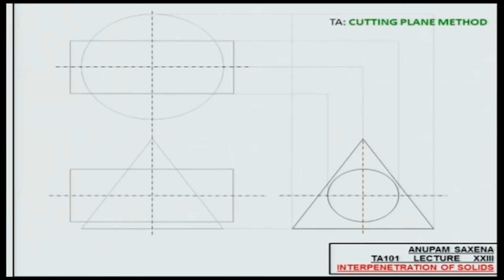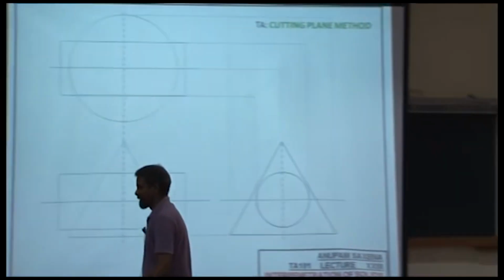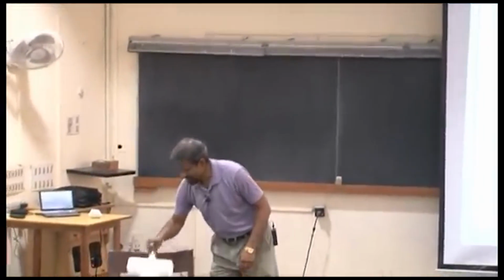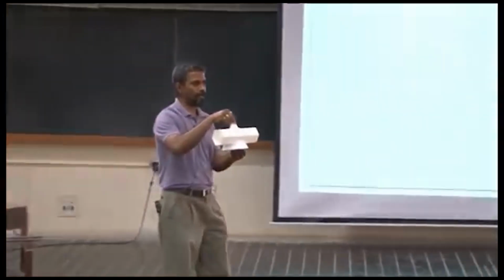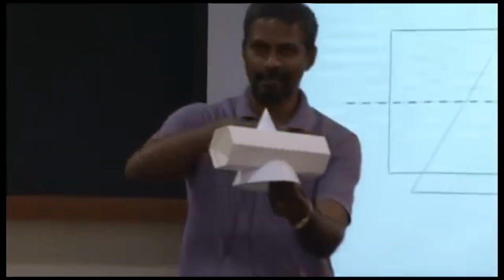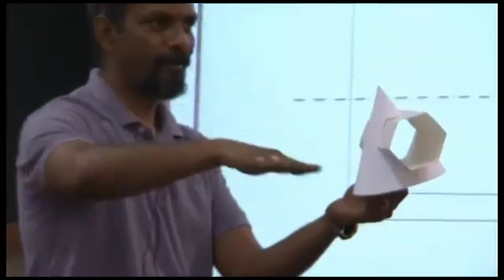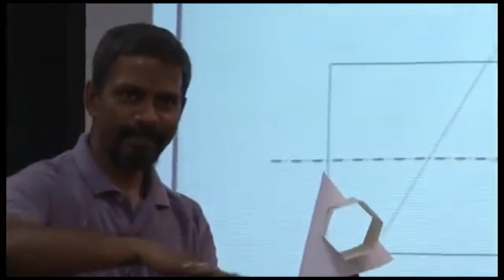The idea is very simple. You have the assembly of the cylinder and the cone. Just slice it using a bunch of parallel planes. Now, if you slice the cone with a plane parallel to its base, what do you get?